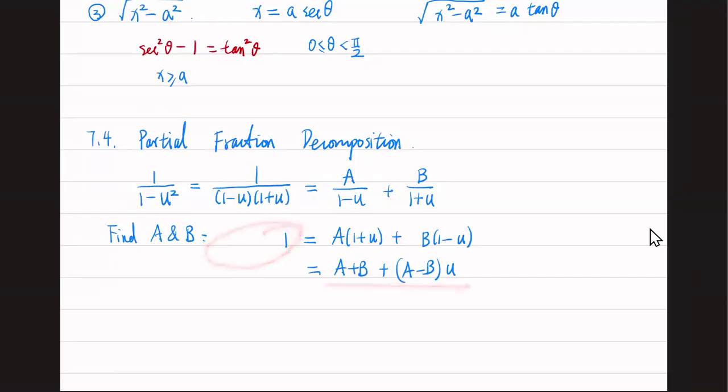On this side, there's no linear term, so A minus B is 0. From here, we solve for A and B. We have the decomposition, so we can complete the integral.